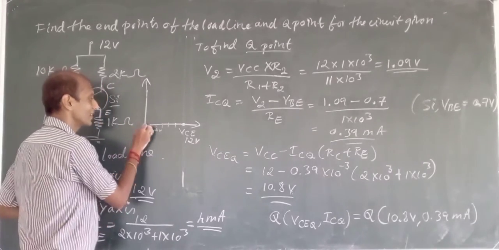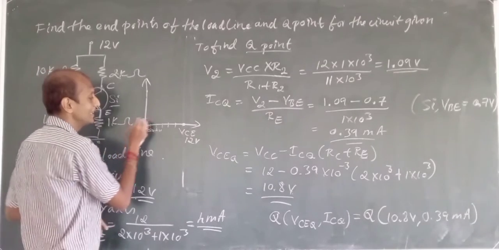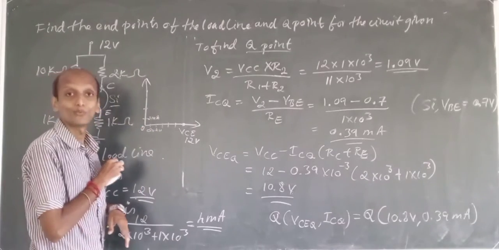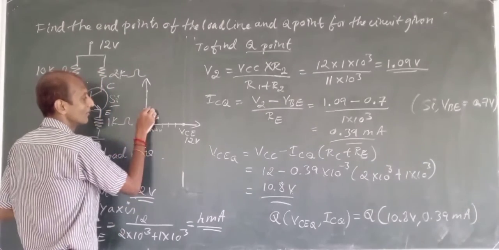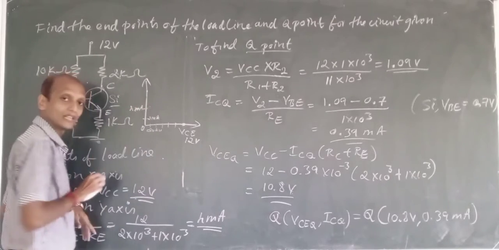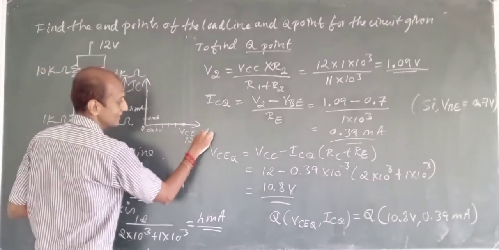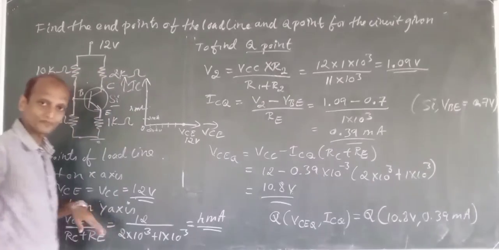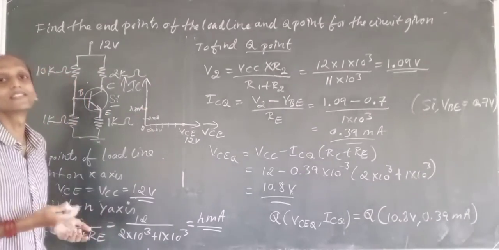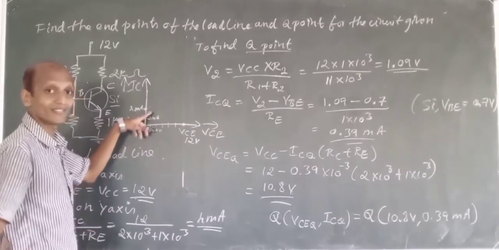And here, on the y-axis, if I take this as 2 milliamperes, this will be 4 milliamperes. This is IC in this direction, and VCE in this direction. So this will be 4 milliamperes. This is the point which is needed, your other point on the y-axis.